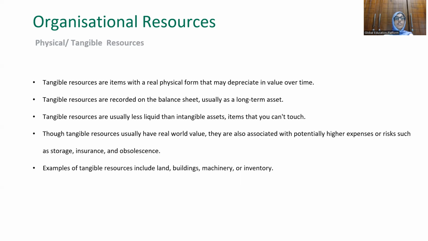So though tangible resources usually have real world value, they are also associated with potentially higher expenses or risks, such as storage, insurance, and obsolescence. So an example of a tangible resource would be land, a building, machinery, or inventory.